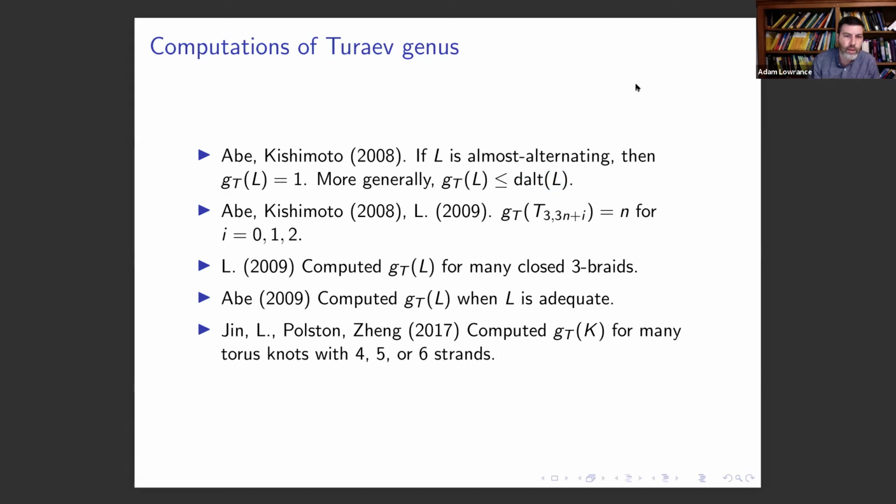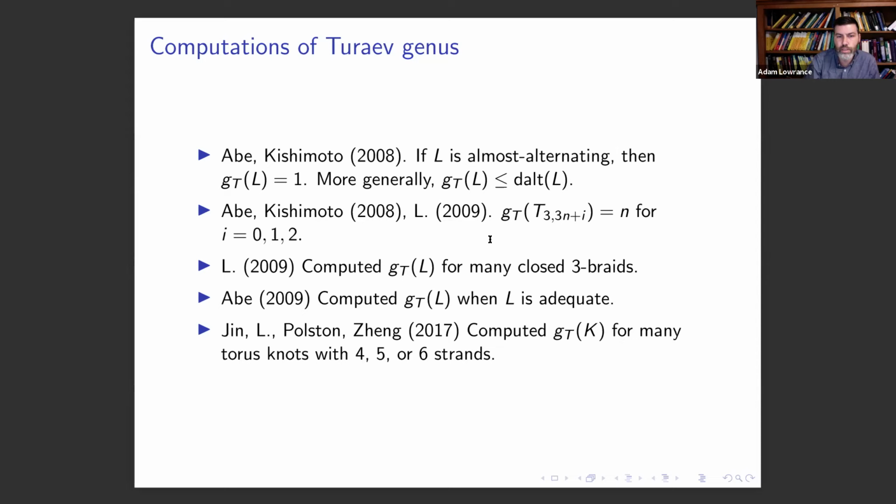Abe and Kishimoto, in that same paper, proved for the 3-strand torus knots, so T(3,3n+1) and T(3,3n+2), that their Turaev genus is n. And then I came in for a slightly later work and got the torus links T(3,3n).